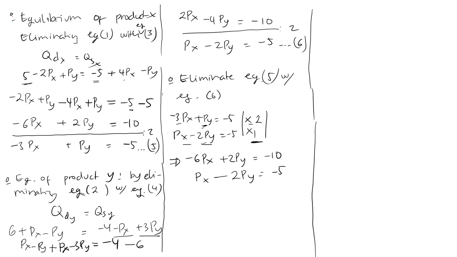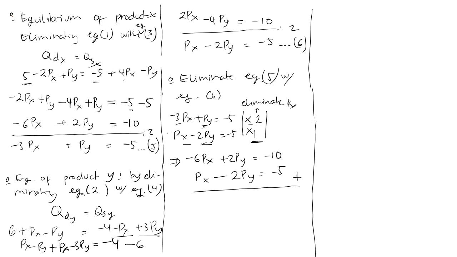Okay, how to eliminate what? Eliminate Py. So we have 2Py and minus 2Py. To eliminate that, we need to add, not subtract. We are using the operator of plus.